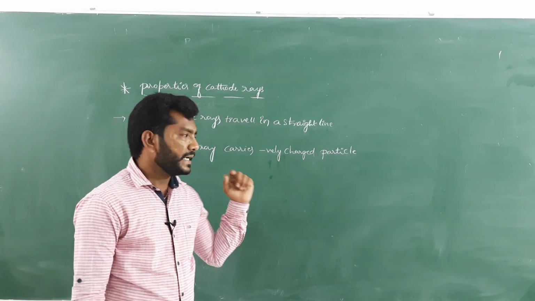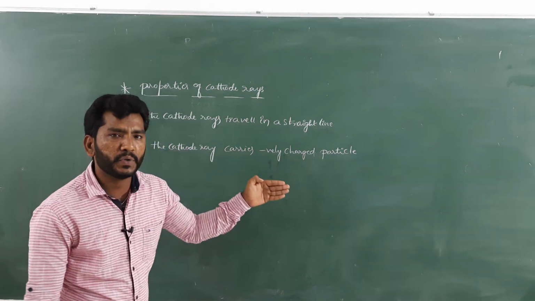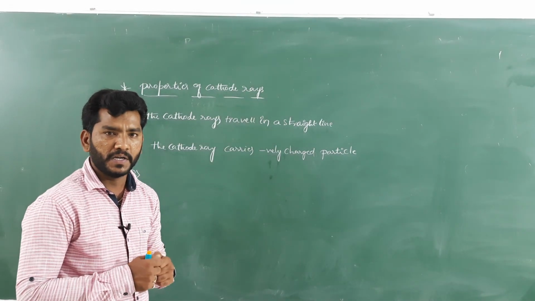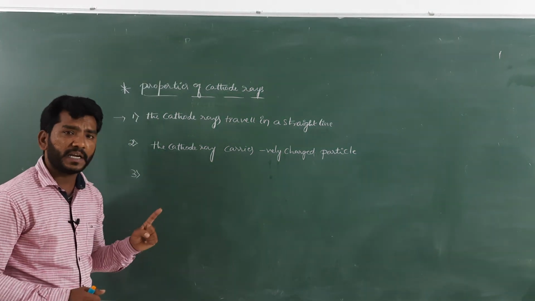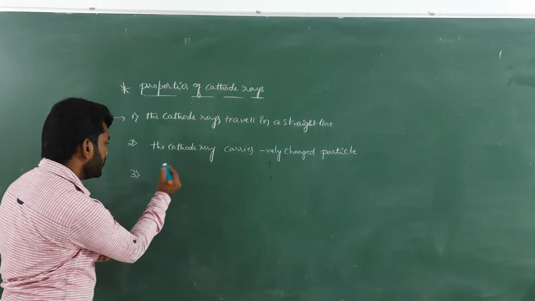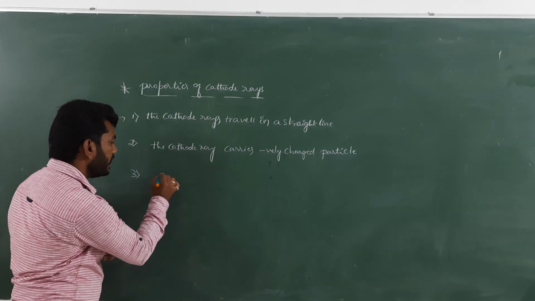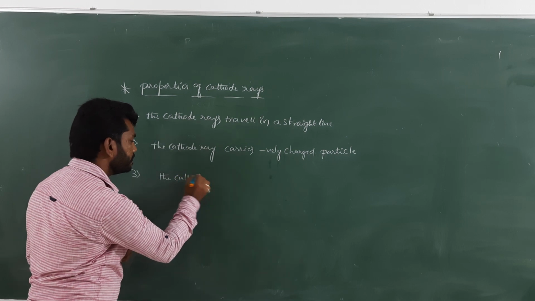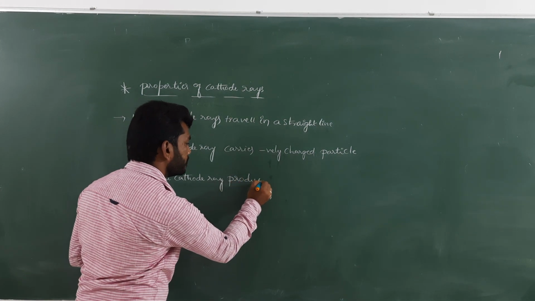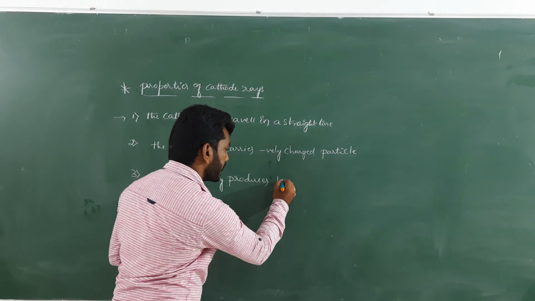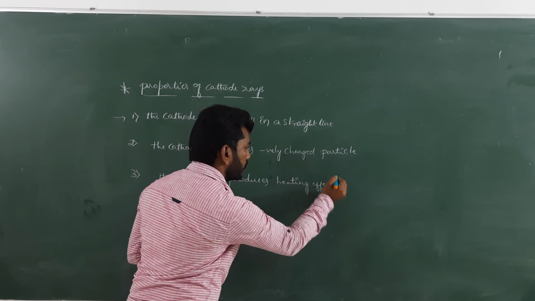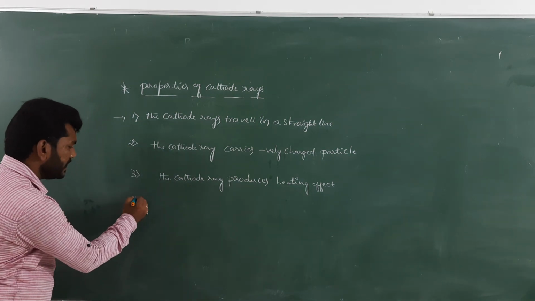The cathode ray is going to hit the wall of the discharge tube, so some heat is generated. So the third one is that the cathode ray produces a heating effect. Let's see the next one.